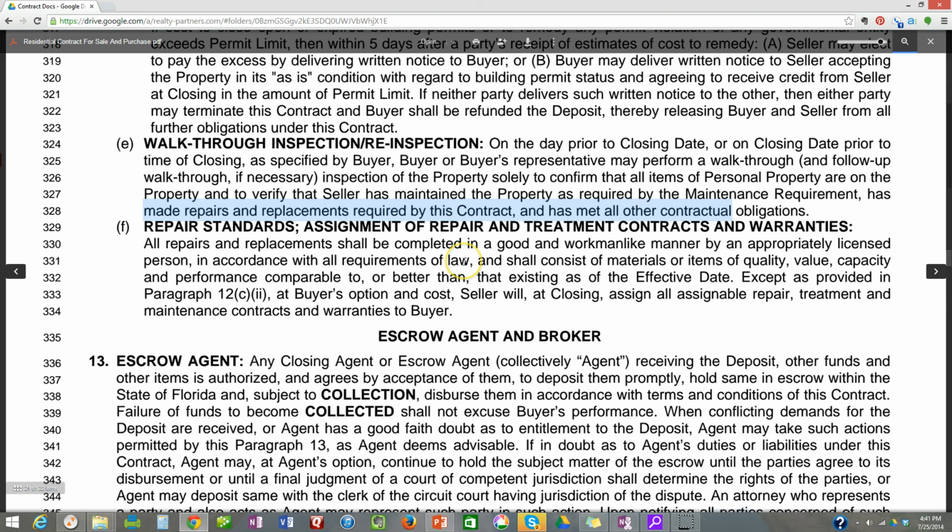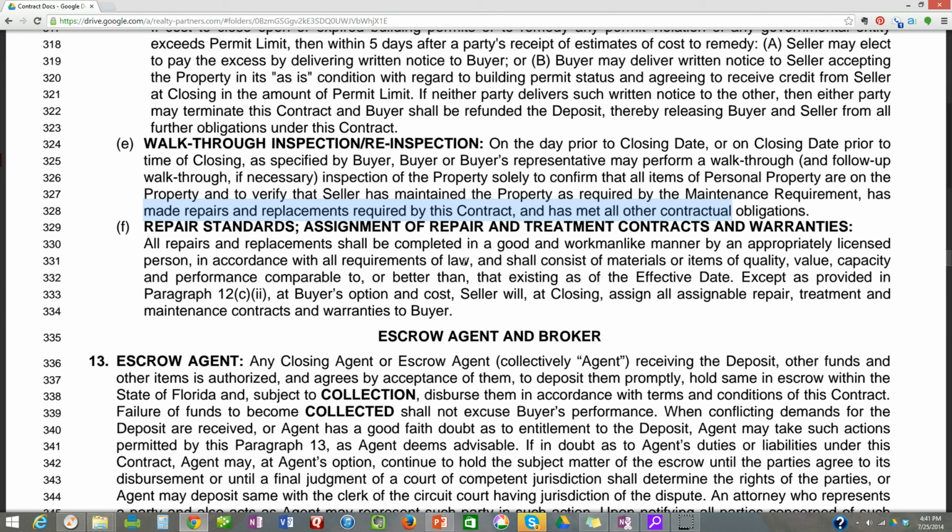So this is not intended for the buyer to do another inspection and find this and this and this, and now they find something else that they don't like, or something else that should be fixed, or something else that should be painted, or what have you. That's not what the final walkthrough is about. The final walkthrough is just to verify that everything has been done.